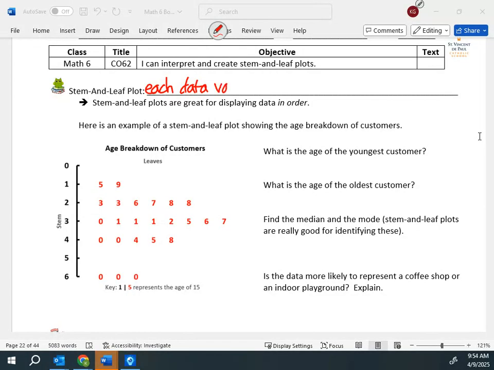Each data value is separated into a leaf. The leaf part is the last digit of the number, and a stem. Now the stem is the remaining digits.